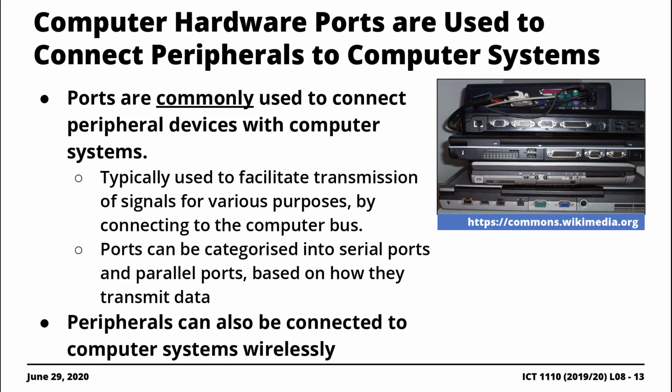The role of hardware ports really is just to provide an interface that facilitates the transmission of signals from peripherals to the computer system. And the transmission of signals obviously is by way of the computer bus, right? The peripheral is typically connected to the main computer bus, and then the signals would be transmitted from the peripheral to the CPU, to the computer, right?